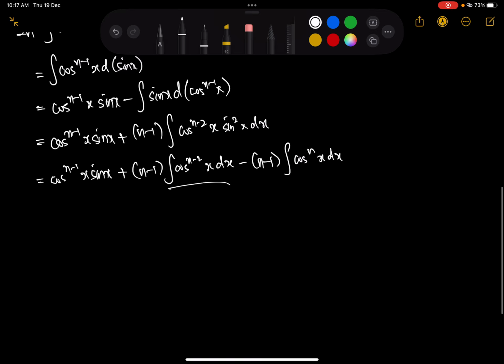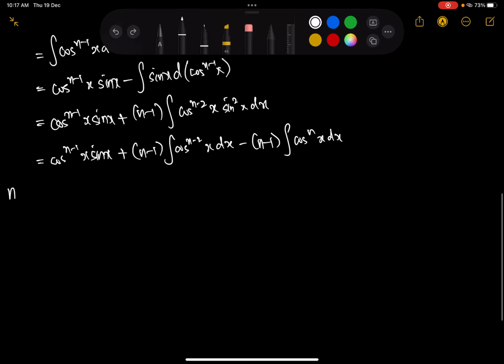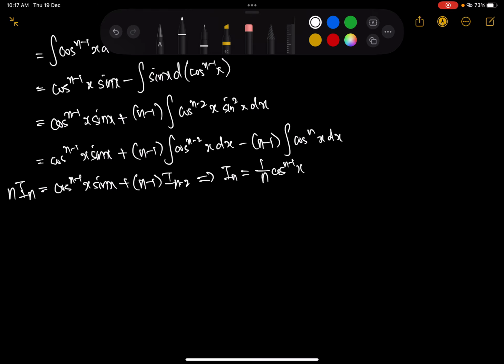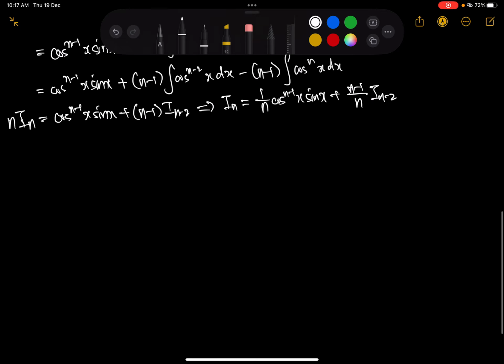This baby is in minus 2, this baby is in, so we have n in is equal to cosine n minus 1 x sine x plus n minus 1 in minus 2, which means in is equal to 1 over n cosine n minus 1 x sine x plus n minus 1 over n in minus 2. And that's part A. It's really straightforward.